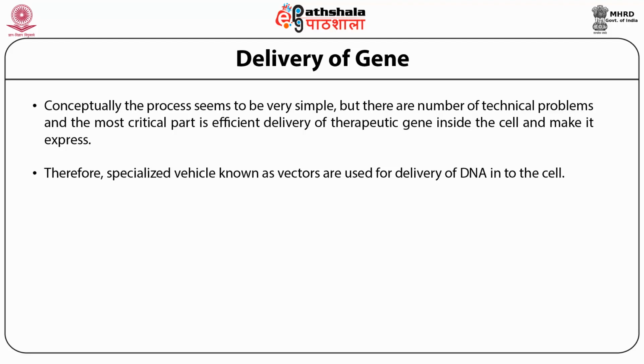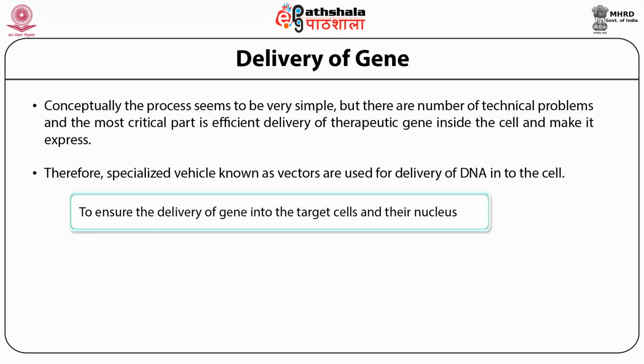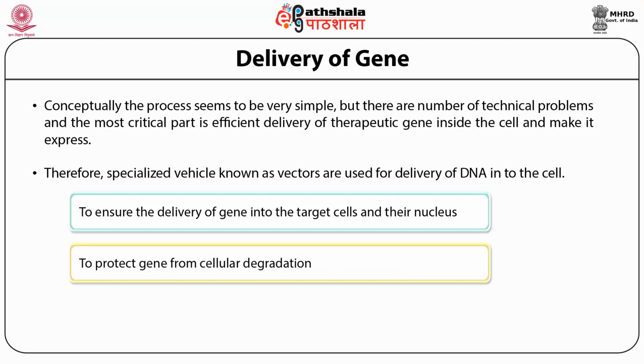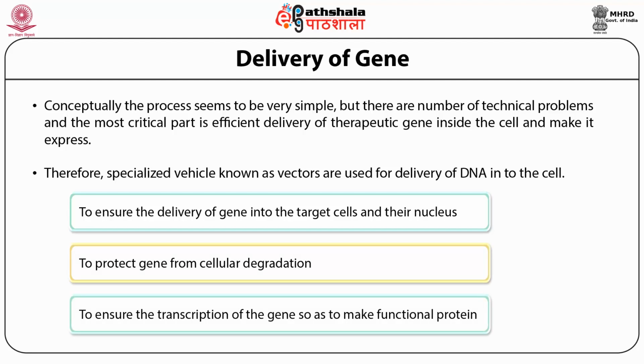The vectors are supposed to ensure the delivery of the gene into the target cells and their nucleus, to protect the gene from cellular degradation, and also to ensure the transcription of the gene so as to make the functional protein.